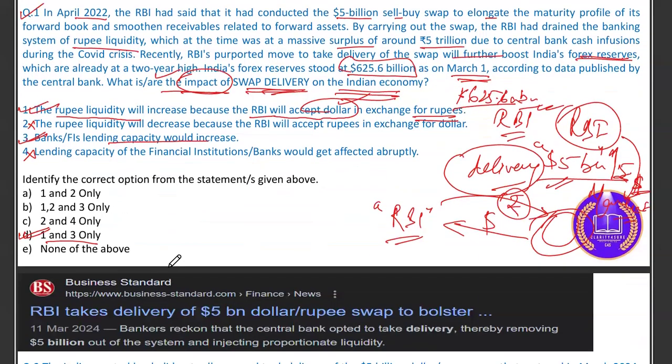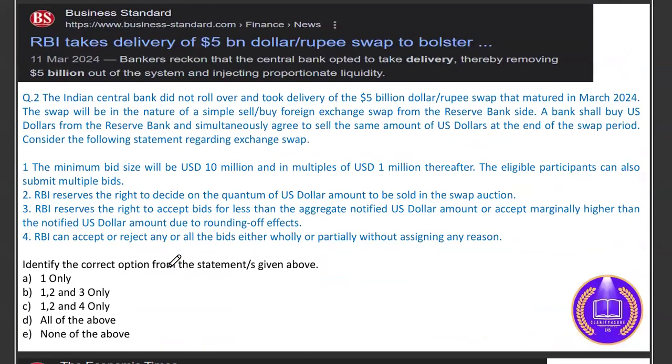Let's see one more question regarding this $5 billion rupee swap agreement. So, question number 2. The Indian Central Bank did not roll over, meaning the Indian Central Bank took the delivery. It did not roll over, and it took the delivery of the $5 billion rupee dollar swap that matured in March 2024.